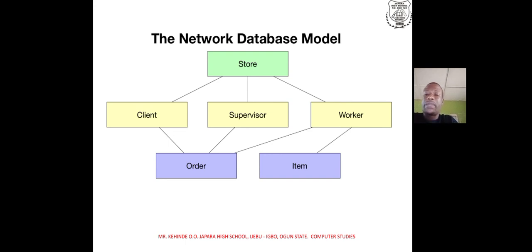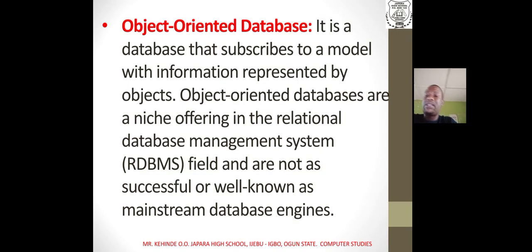Then we have, last but not the least, the object-oriented database. It is a database that subscribes to a model with information represented by objects. Object-oriented databases are a unique offering in the database management system. One thing we should know is that they are not well known as a mainstream database engine.